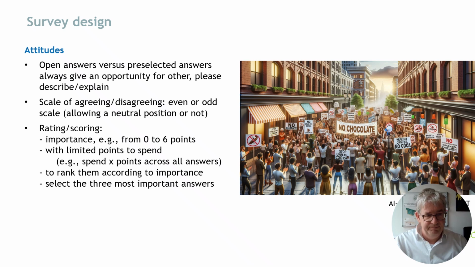You can also ask the respondents to rank them according to importance, so you can drag and drop the different statements to sort them. With digital tools, you can easily implement such an option in a survey, or for example tick the boxes for the 3 most important answers. That way you also get some ranking from your survey.